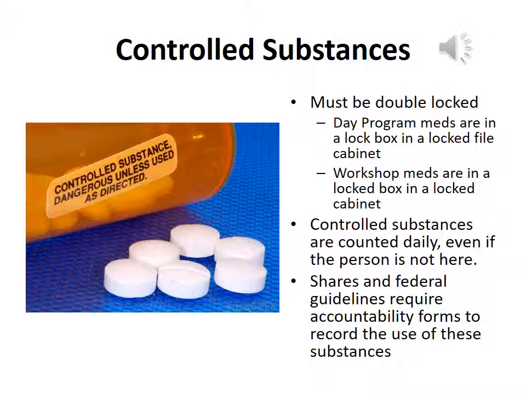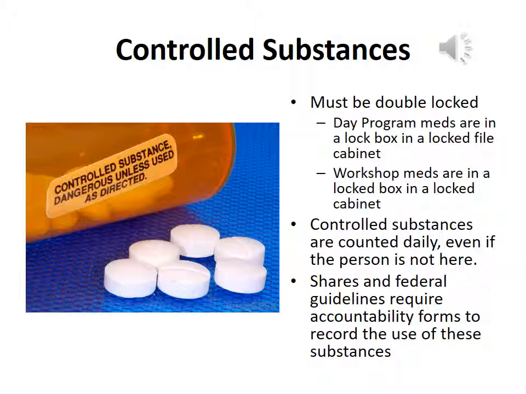Controlled substances. We have an individual that takes controlled substances, and we're also hearing on the news about opioids. They have to be double locked. This is a controlled substance on our property, so therefore it is double locked.